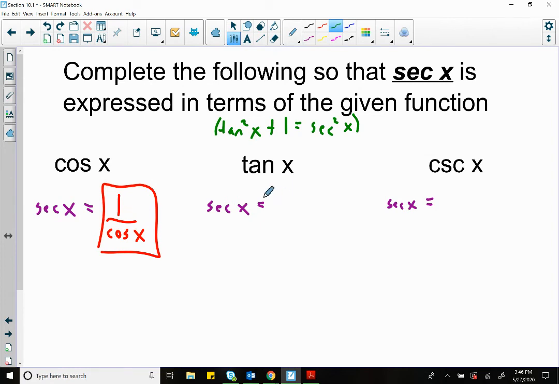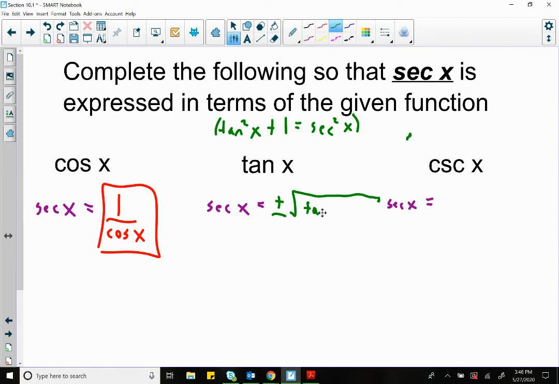Okay? So secant here equals plus or minus. Remember, when you square root both sides, you put plus or minus in front of the radical. Some of you probably forgot that. But most of you probably came up with this for the answer. Square root of tangent squared x, and I forgot the n.